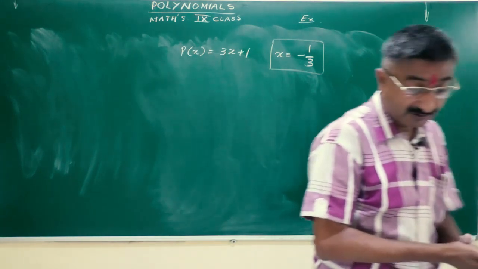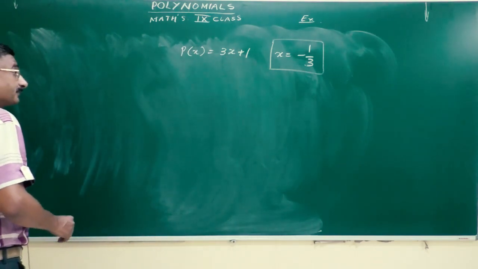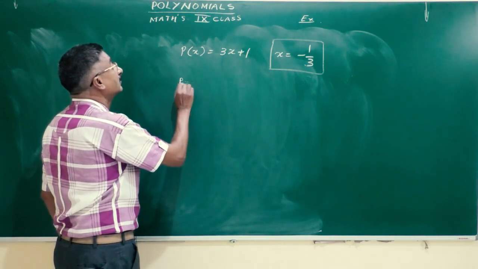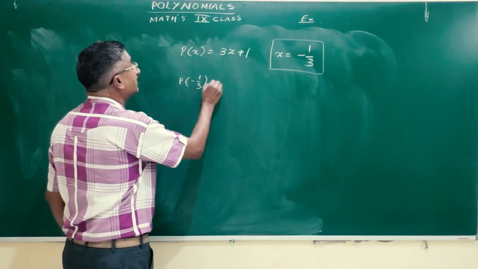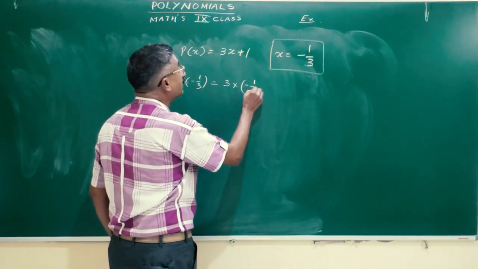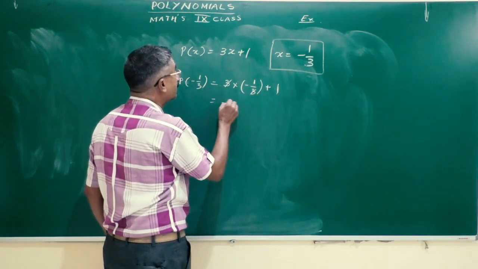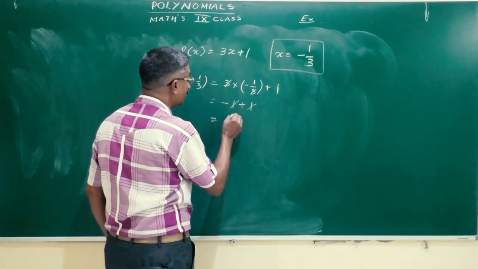Okay, which means we can substitute the value of x is equal to minus 1 upon 3. So this is equal to 3 into minus 1 upon 3 plus 1. So 3 cancels, this is equal to minus 1 plus 1, so this is cancelled, is equal to 0.